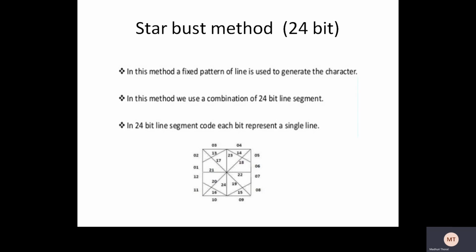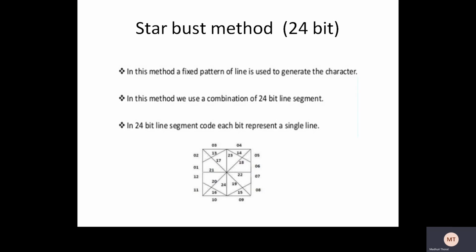Suppose we want to design the character A. Then we highlight segments 11, 12, 1, 13, 14, 6, 7, 8, 21 and 22. So we only display the particular segments which are highlighted in the code.